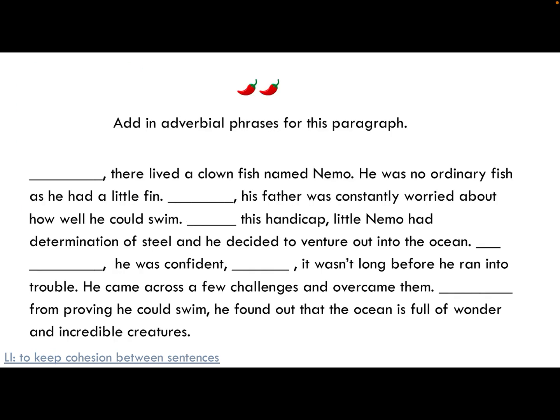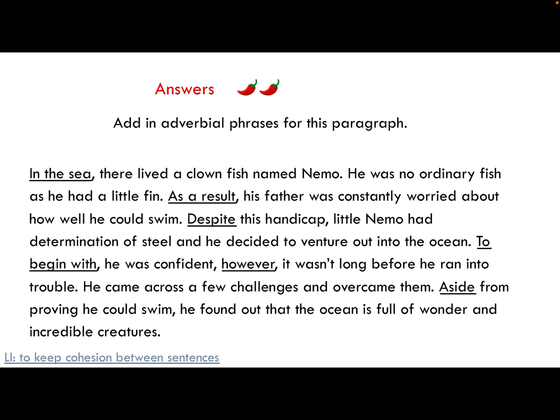There's the answers of some sensible ones. Number 2, add an adverbial phrase in the paragraph. So try and come up with your own ones, and this is within a paragraph, but if you need to, feel free to go back and have a look. Pause the video, work it out, and then I'll show you some answers.